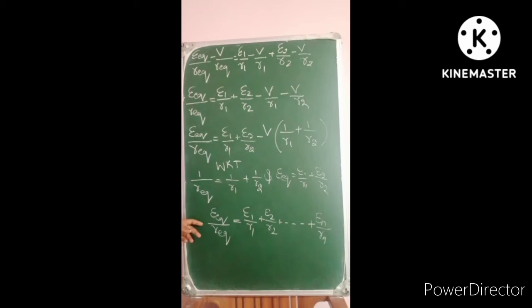For n number of cells the equivalent resistance also becomes 1 by R equivalent equals 1 by R1 plus 1 by R2 plus 1 by R3 and so on up to 1 divided by Rn. That is the equivalent resistance for n number of cells, and this is about the parallel combination of cells. What is the expression for equivalent EMF and the equivalent internal resistance? This equation also will be asked for 3 marks.